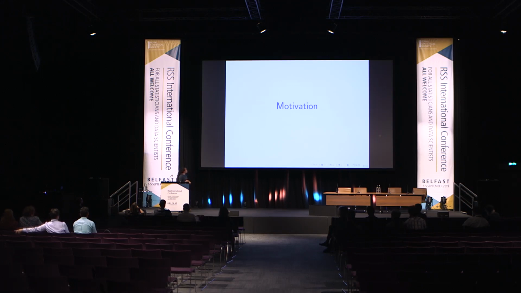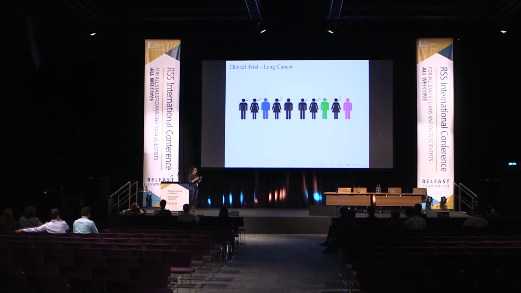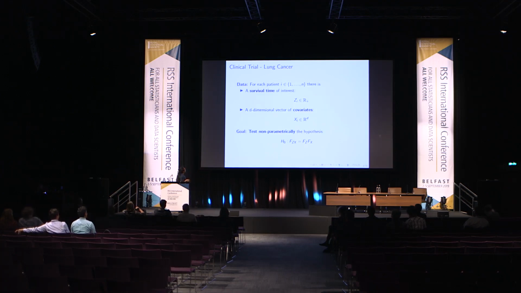I'm going to start with a motivation, with a clinical trial about lung cancer. We want to study the survival times of these patients, but we also have characteristics associated to these patients. For instance, some of them smoke, some of them are green, like blue, etc. In the ideal world, for each patient we have a survival time of interest, and we have a d-dimensional set of covariates.